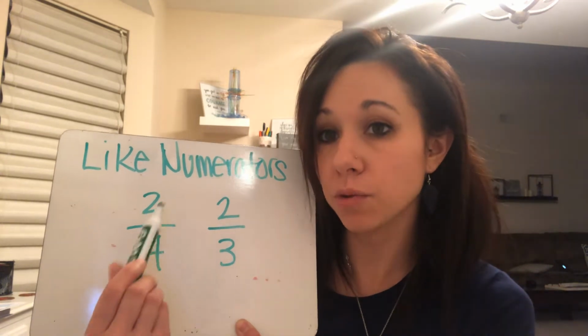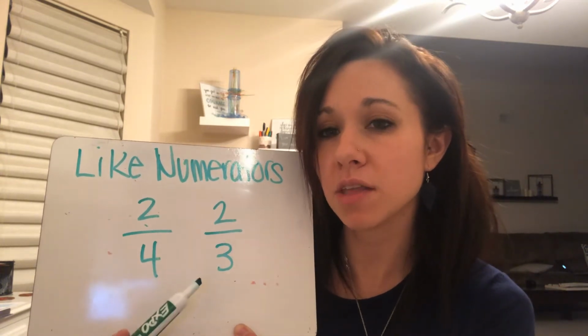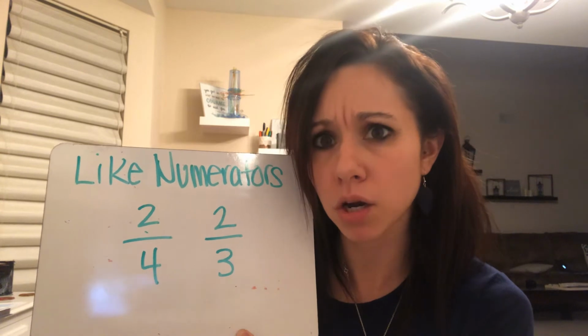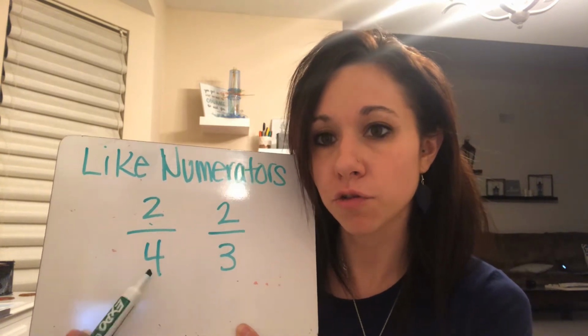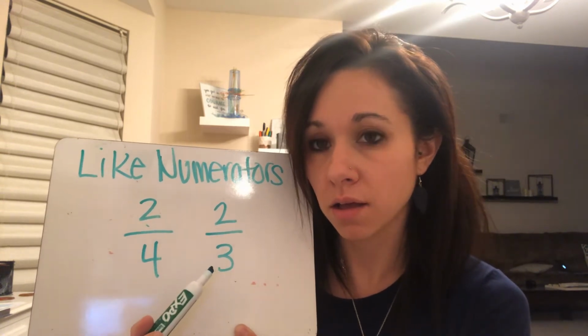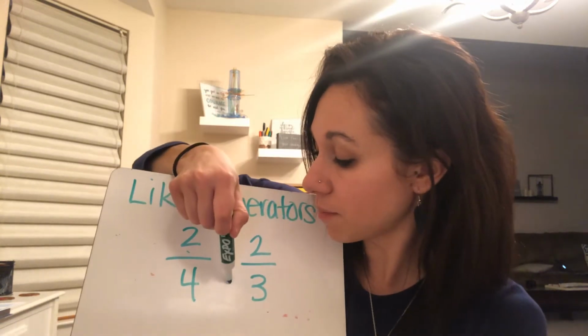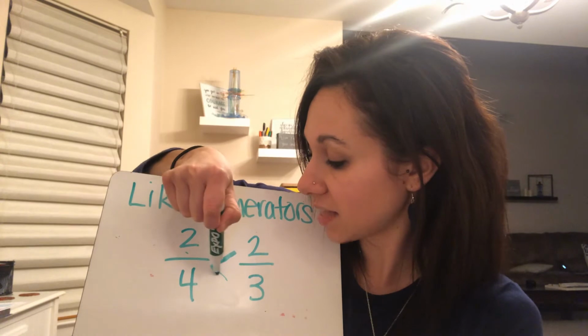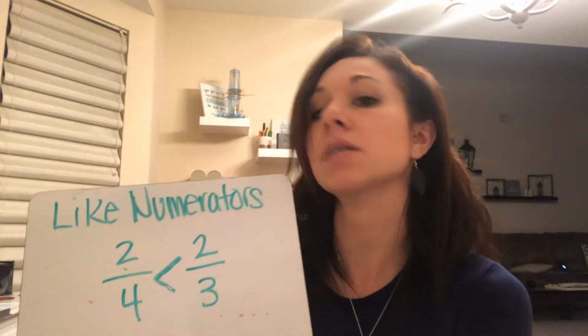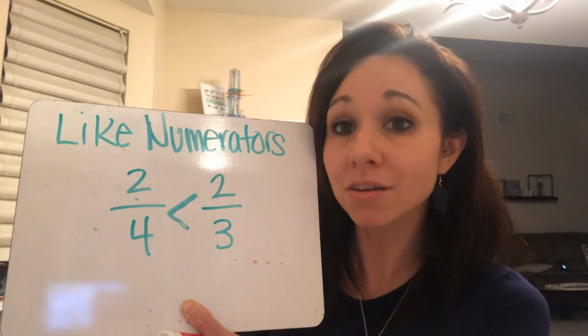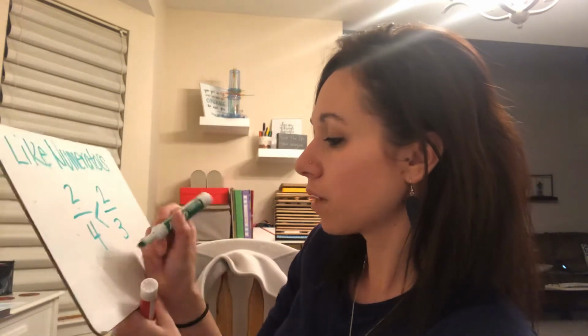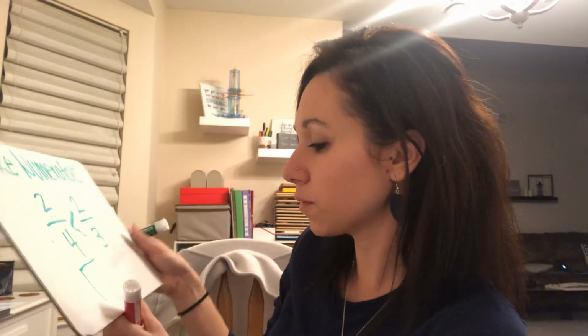For like numerators, when the top numbers are the same, I want you to think which one is the smaller digit on the bottom, 4 or 3? 3 is smaller, so that means that the pieces are larger, which means the alligator wants to eat the bigger pieces.